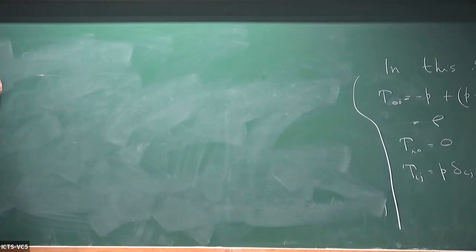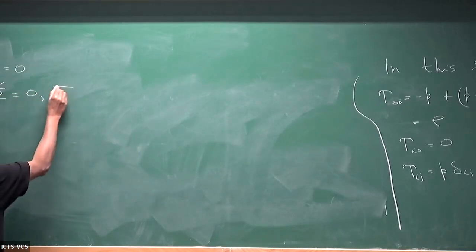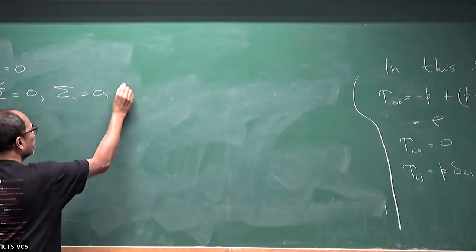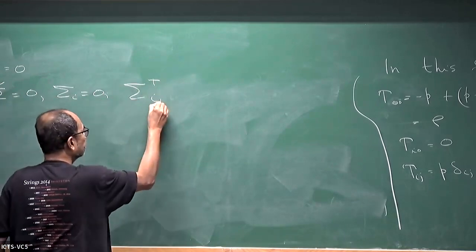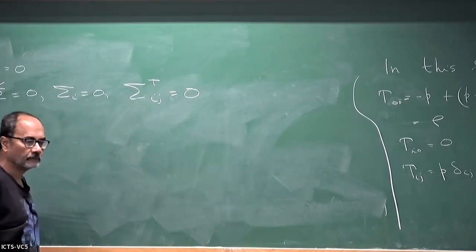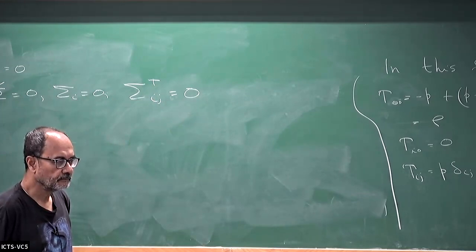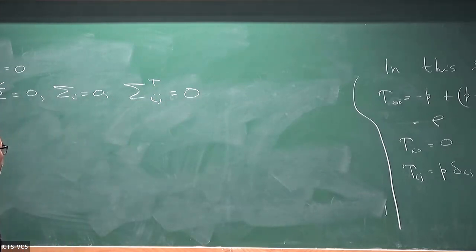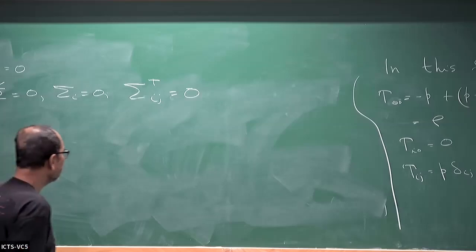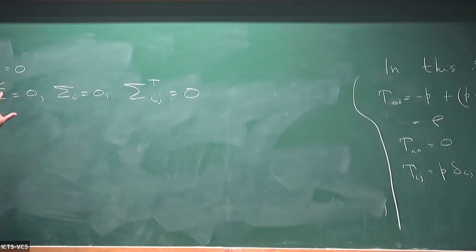So sigma ij equal to 0 implies that sigma tilde is 0, sigma i is 0, and sigma ij is 0. For the scalar that we are currently studying, this is a relevant equation. These will come in the vector and the tensor equations.